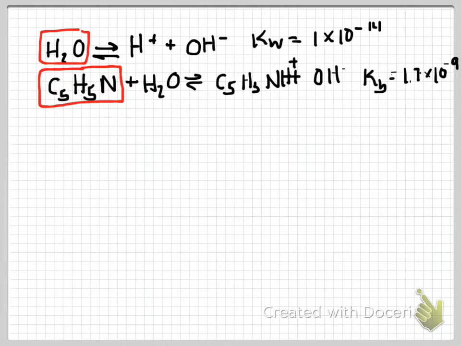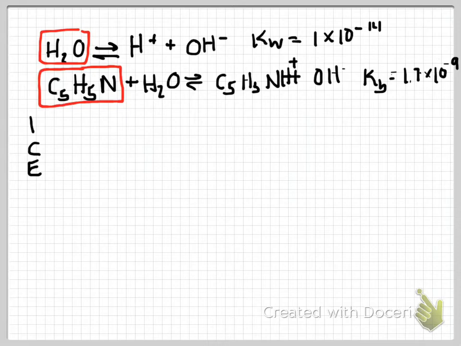So the goal of this problem is again to solve for pH. Notice that we don't have H3O plus in our equilibrium expression, so we're going to have to first solve for pOH, and then we can go back and relate that to our pH. We're going to continue to use the ICE tables to solve the problem. ICE, again, stands for initial, change, equilibrium.